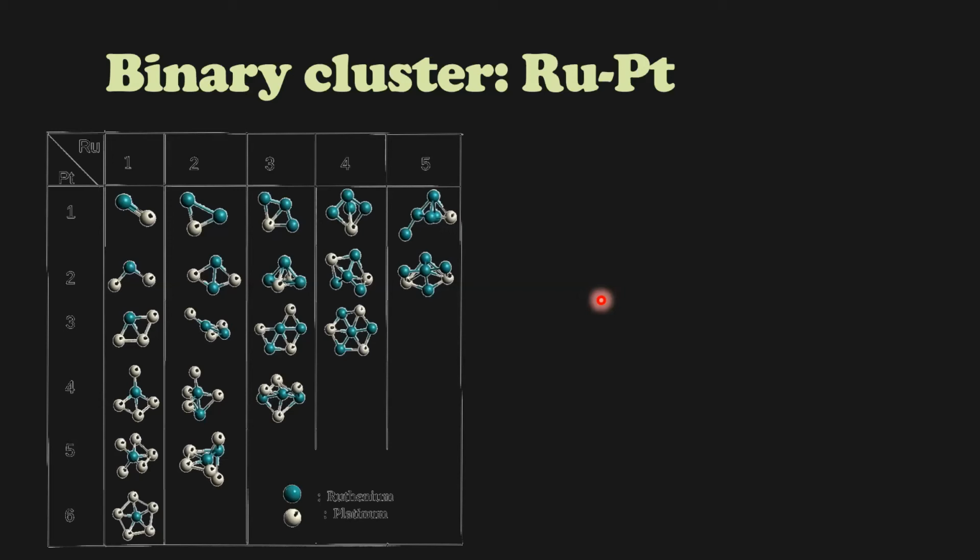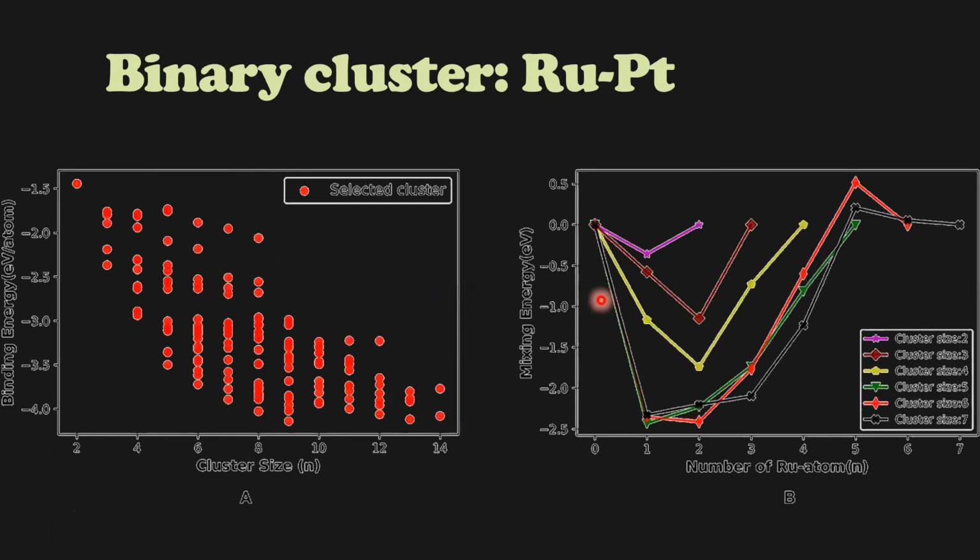What we are doing is slowly building from the small one to the higher one, so that is a difference. This is somewhat easier. We did all this same kind of analysis for the binary clusters also, and this will also give us some idea about the mixing energy, which combination is more stable.